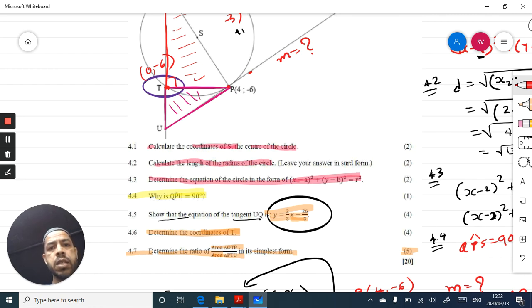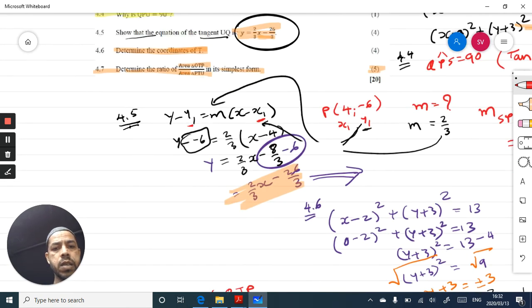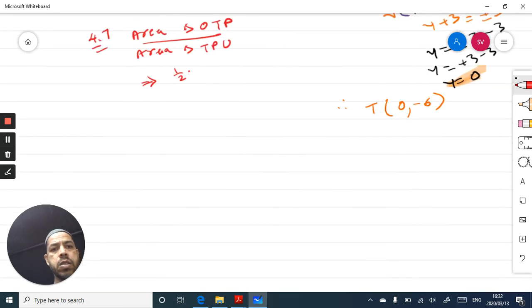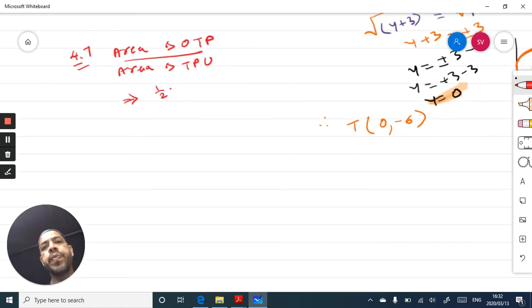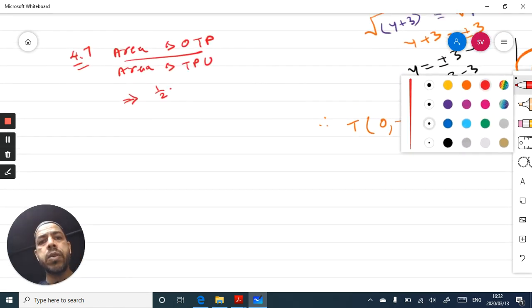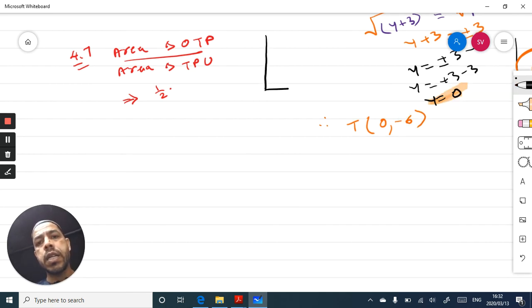P is, so let me just draw it there where I'm working. It's not going to take much of my time. So let me quickly draw that triangle. This is the triangle I have. That's T, that's P, and that's O. So this length, from 0 to -6, is 6 units.